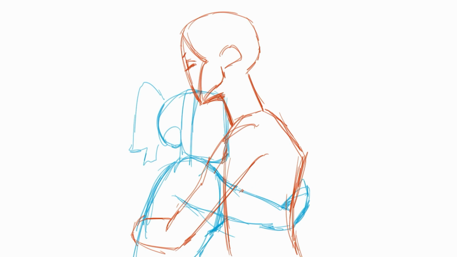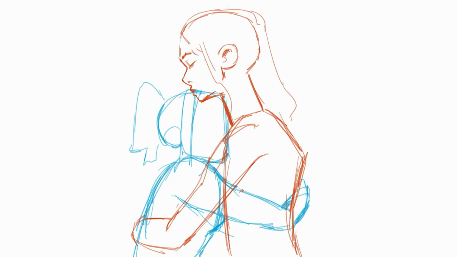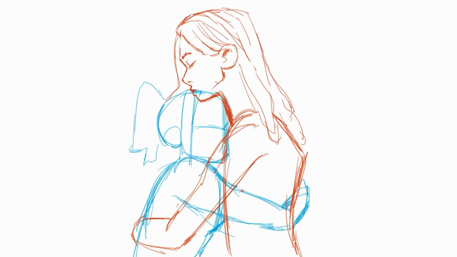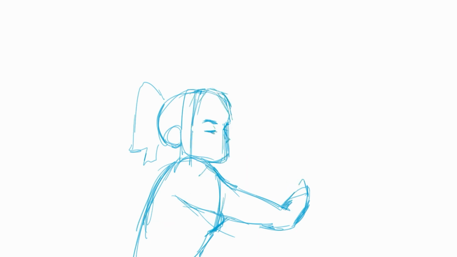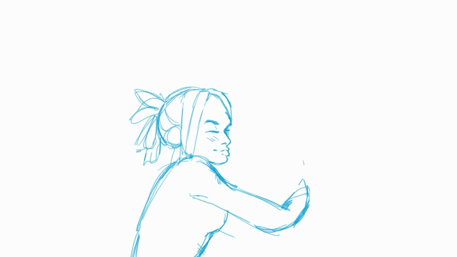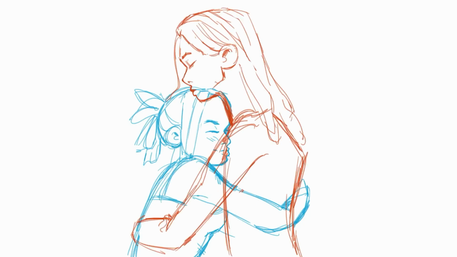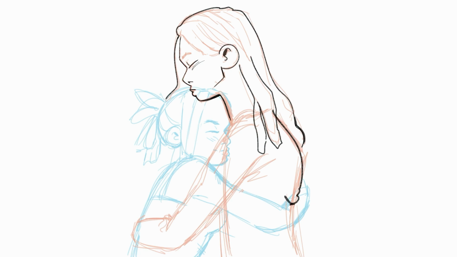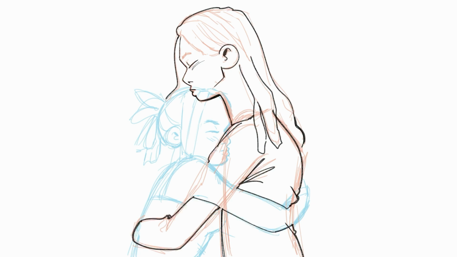There's a lot of overlap that would happen in this design due to the fact that they both have thick, long locks that would probably get in the way, so I decided to try to sweep it out of their face as much as possible so that you could see their face and tell that this is a tender embrace. You couldn't see Joey's mouth when I did the final design. That's the unfortunate part of the overlap, but I think it's okay.